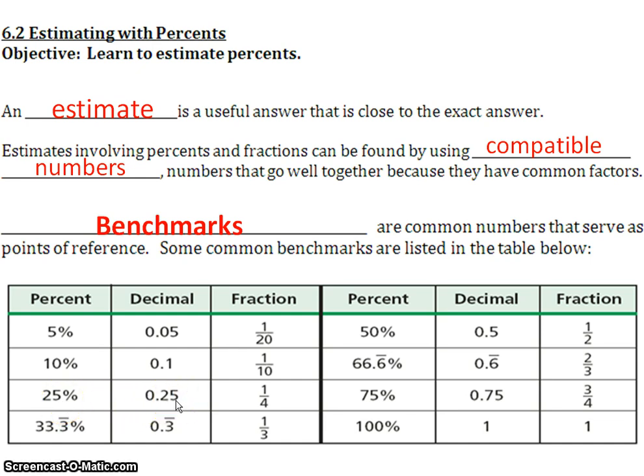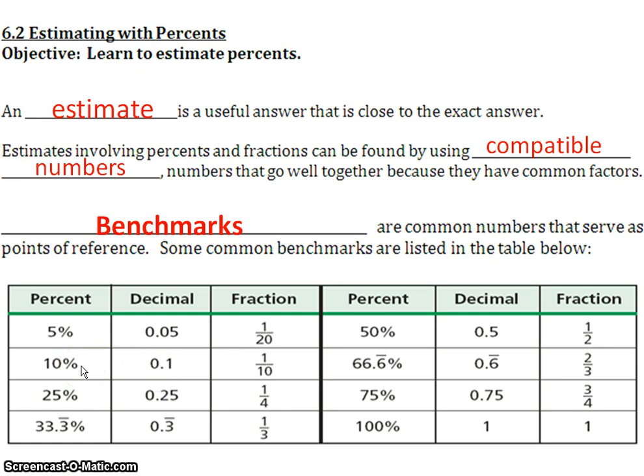0.25. Another useful benchmark is 10%. We start off with 100%. We divide that, which would be 1, by 10, and we would come up with 0.1. We can simply take the decimal of the value of 100%, move it one place value to the left, and we would end up with 10%.